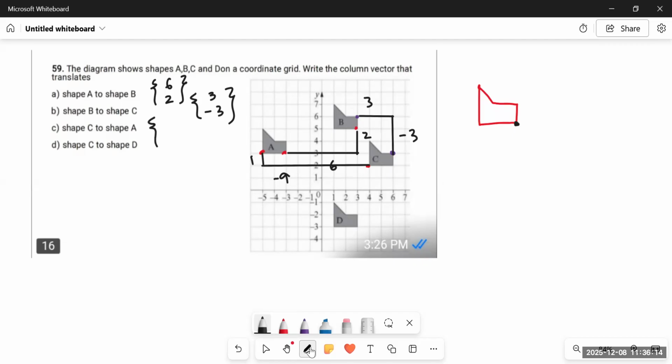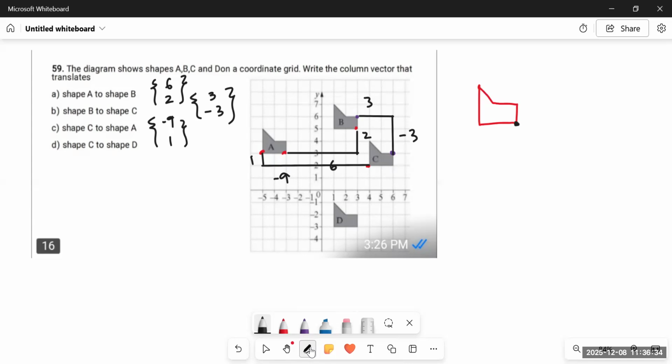So the column vector would be... don't forget to write the x coordinate above and the y coordinate below, otherwise your answer would be wrong. Sorry, it's not 6, -1, it's -9, 1. Wait, it's -9, comma 1.